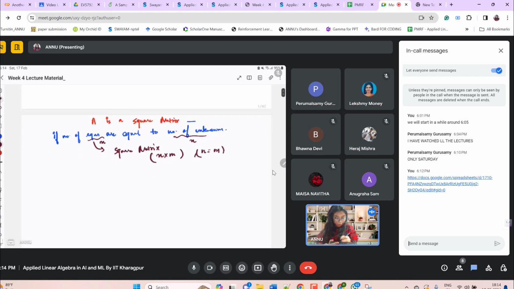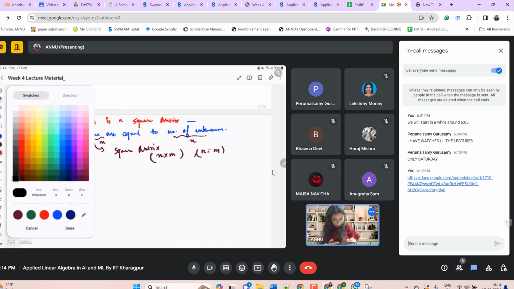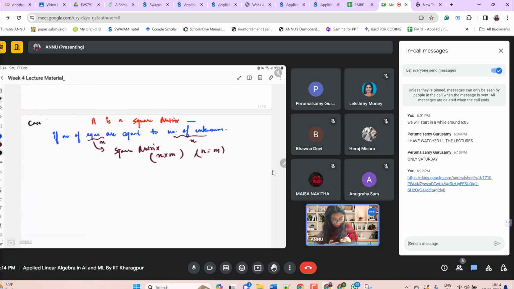Now this is case 1. Let us solve by case 1 and 2. Case 1: here you can write Ax equals b, where A is a matrix and x is the vector of unknowns.